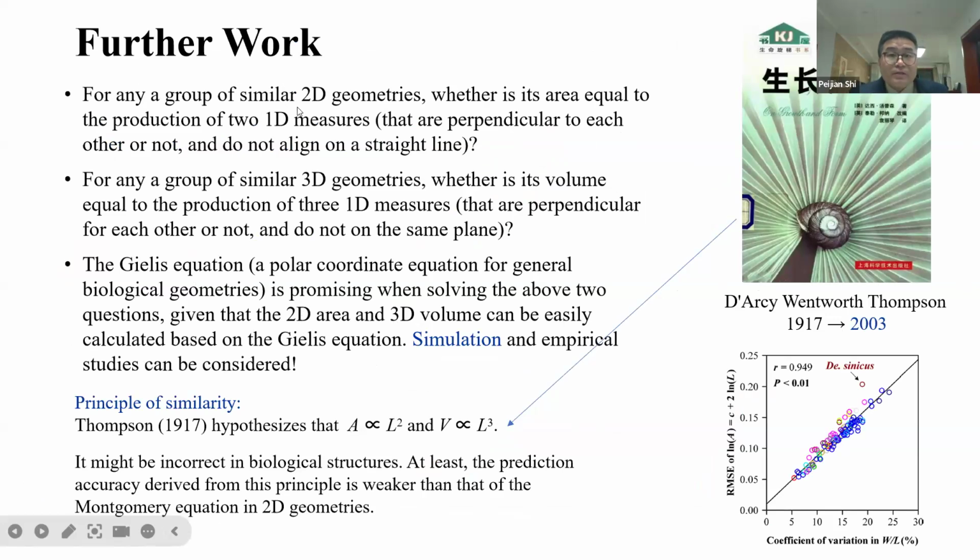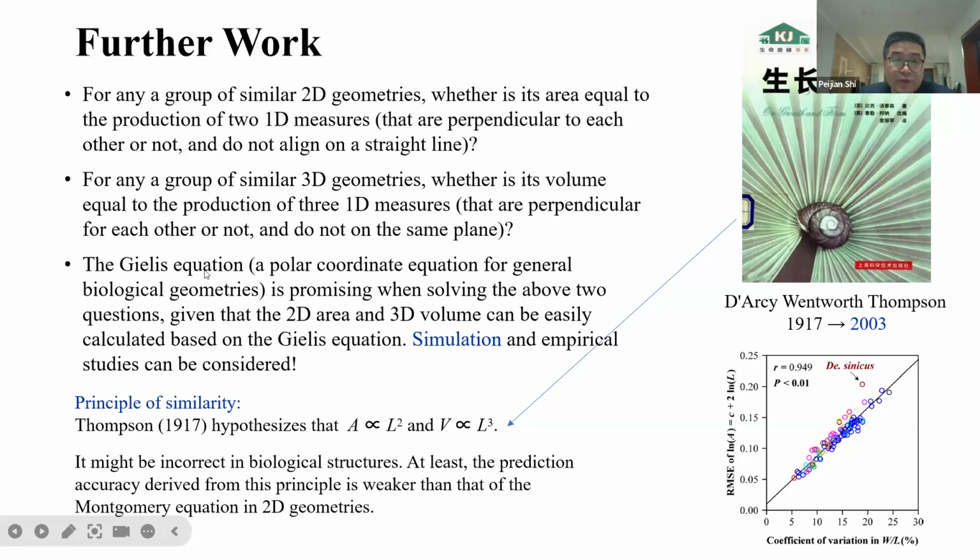For a group of similar two-dimension geometries, is the area equal to the product of two one-dimension measures that are perpendicular to each other and do not align on a straight line or not? For any group of similar three-dimension geometries, is the volume equal to the product of three one-dimension measures that are perpendicular to each other, or not on the same plane?